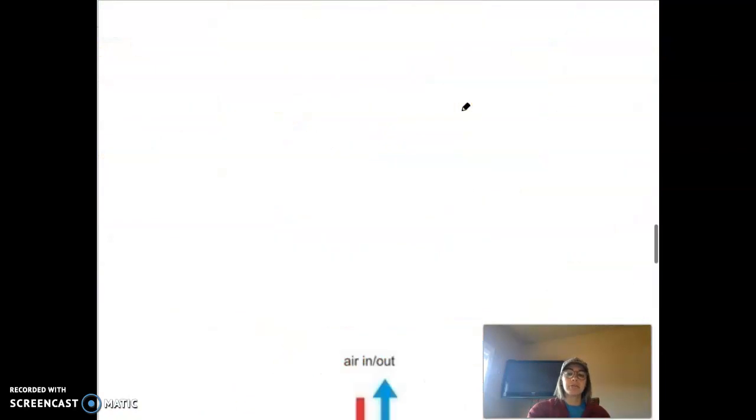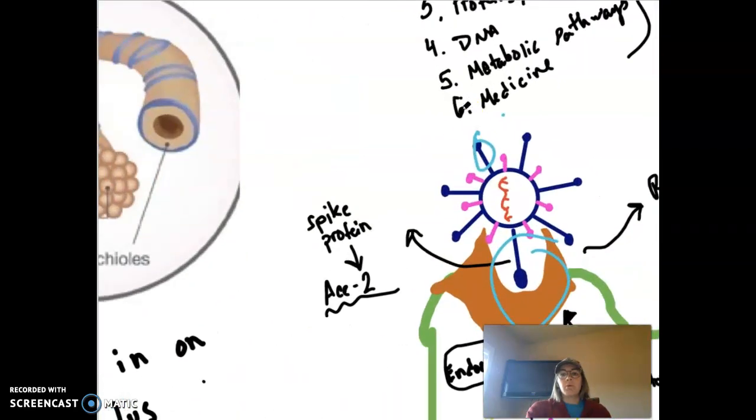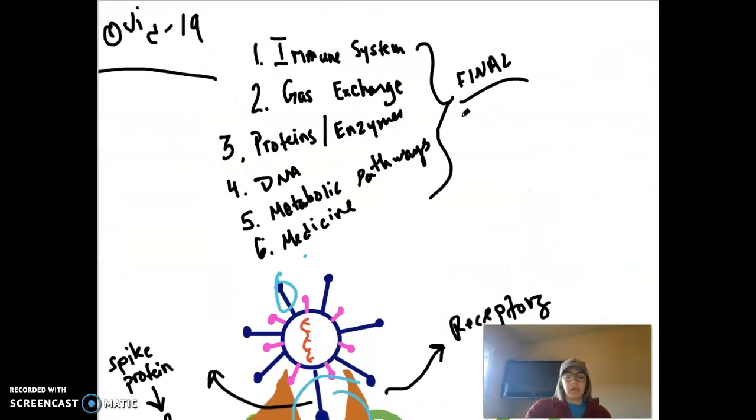So let's come back here to the very beginning, where we talked about the things we need to understand. Again, we've touched on the immune system. We've touched on how we breathe in. We're going to go into more depth on that. We've talked about how there are different proteins within our body. Now we need to understand, and we're going to talk about DNA, RNA, and how that codes for these proteins. When I say a macrophage makes IL-6, I want you to know what that looks like.